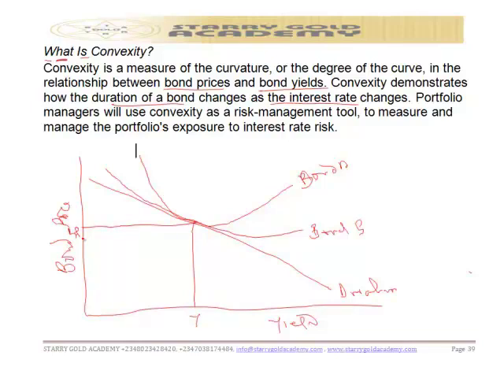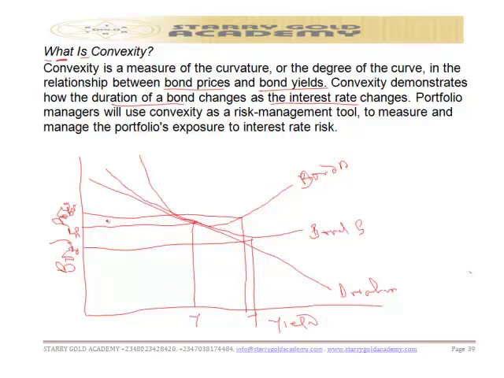Understand? You see there's another price here. This is another bond price. This is another yield. And not only that, we have another price at this place, as well as yield. This is another bond price.